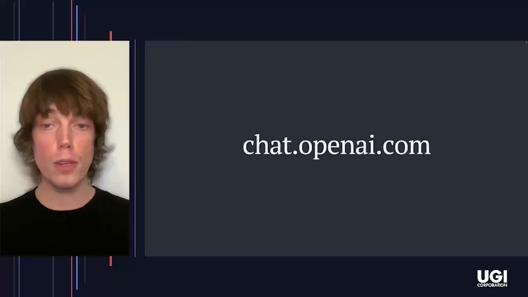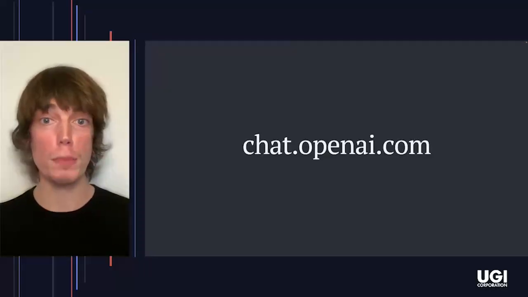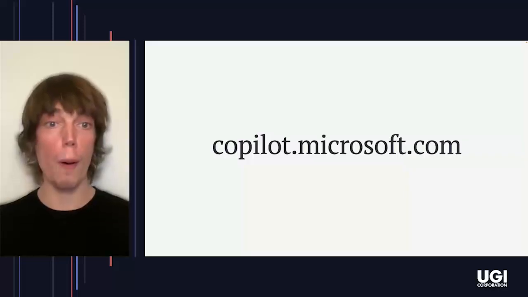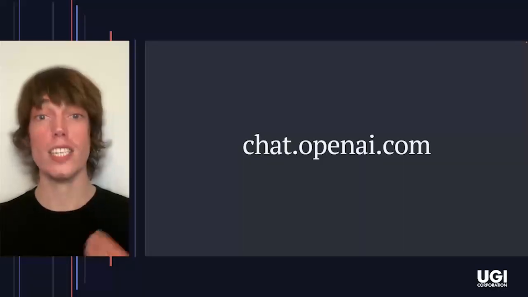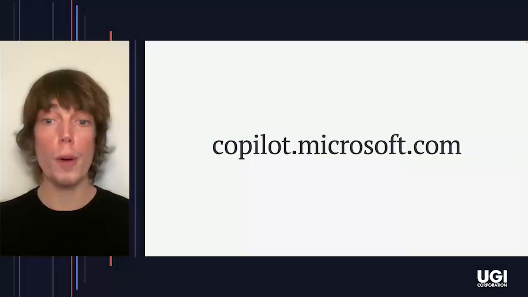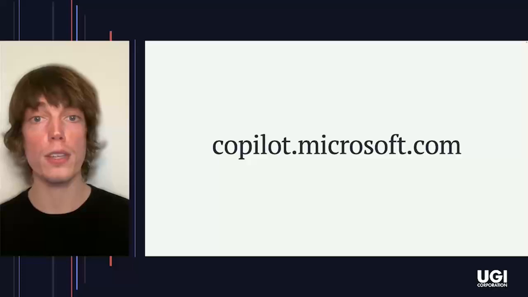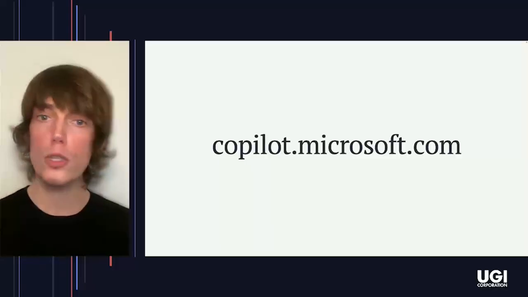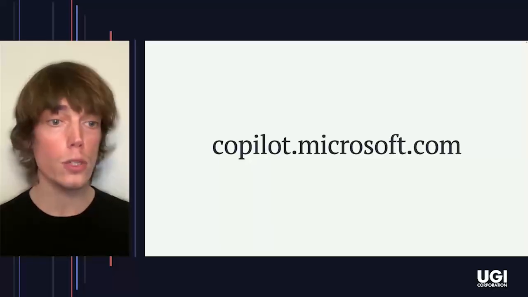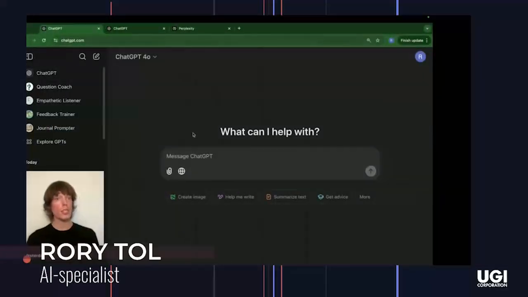For the sake of the users who have not used ChatGPT or Microsoft Copilot, here are two ways of going to the interface, which is chat.openai.com or copilot.microsoft.com. These are just two different instances. I'll explain more about the difference in a second, but for now, let me just show you what the interface is all about. So I'm just going to share my screen here and show you, this is ChatGPT's interface.